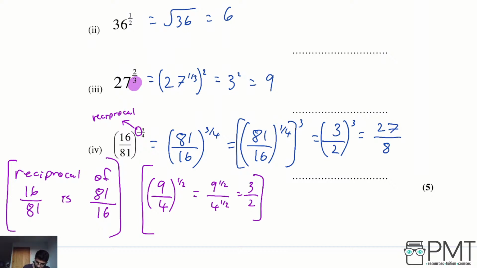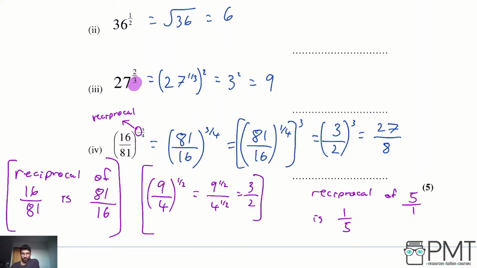If you have, let's say, the reciprocal of 5, you need to remember that 5 is the same as 5 over 1. So when you flip it, it becomes 1 over 5. That's why we said, okay, do 1 over. So it's still flipping.